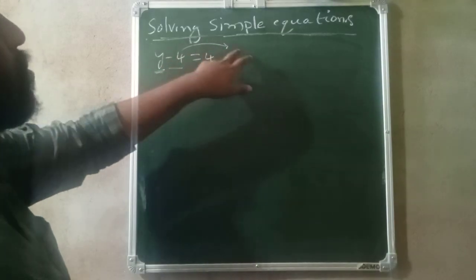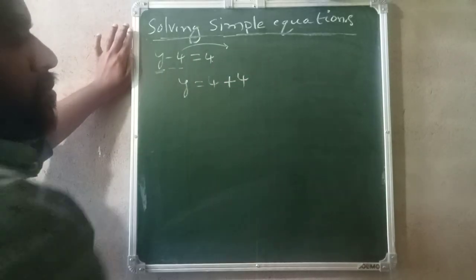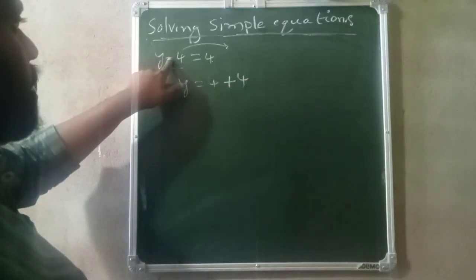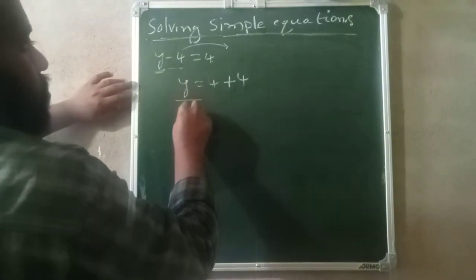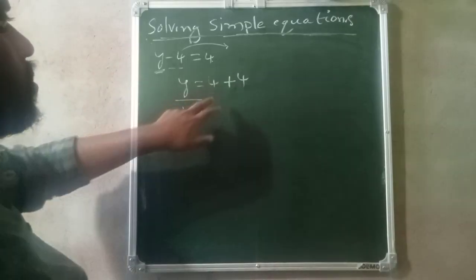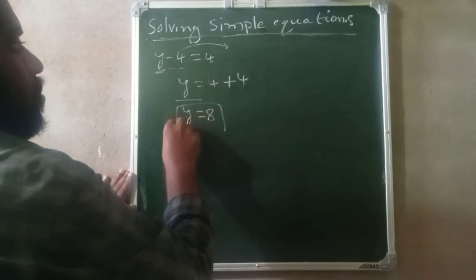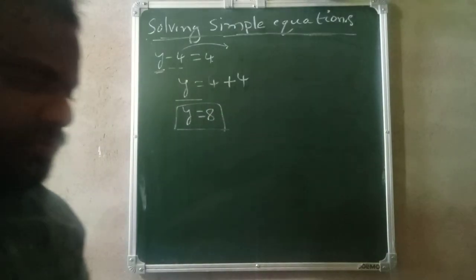When minus 4 is moved this side, this minus 4 becomes plus 4. That means 4 same, minus changes to plus. So in the next step, write y is equal to, so 4 plus 4 is 8. So y is equal to 8 is the answer.